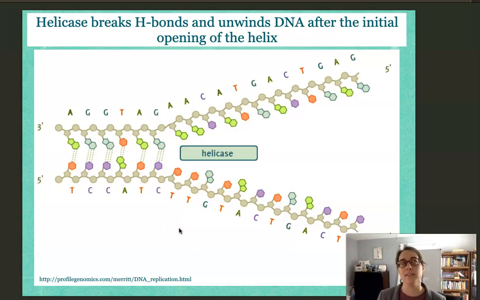It breaks hydrogen bonds, which are very weak, and it breaks them one at a time, and that's how it gets around this problem of the DNA strands actually being held together quite tightly due to the number of hydrogen bonds. So helicase moves in one direction, and we actually end up having multiple helicase molecules.